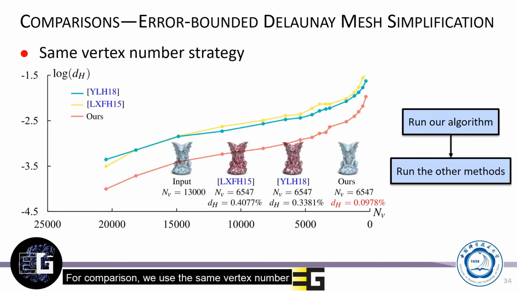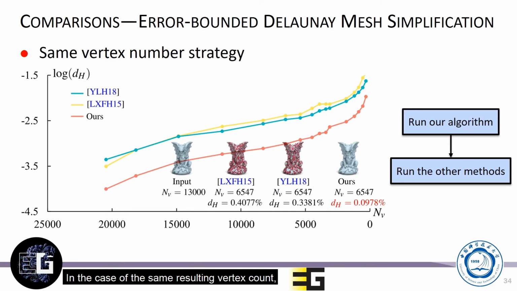For comparison, we use the same vertex number strategy, which first runs our algorithm with different Hausdorff distance bounds, then runs the other methods by specifying the same number of vertices as our resulting vertex number, and finally compares the Hausdorff distances.